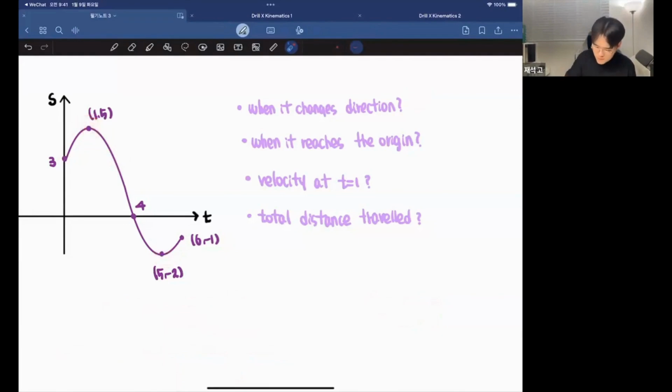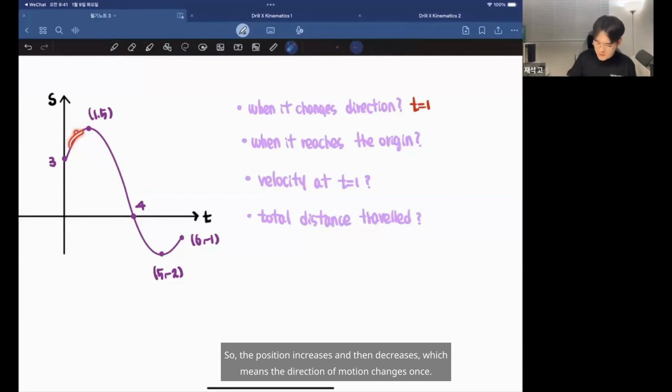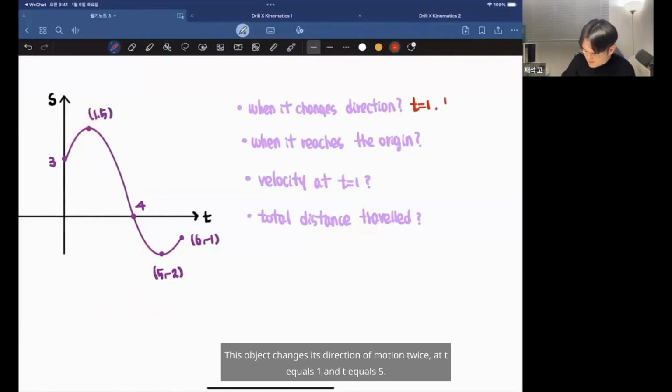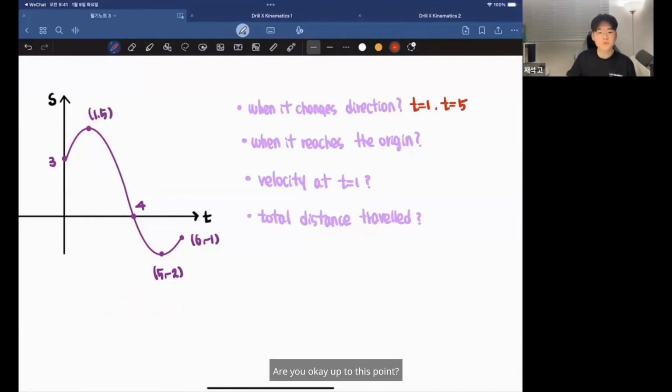When t is 1, the position increases and then decreases, which means the direction of motion changes once. When t is 5, it decreases and then increases, so it turns left and then right. This object changes its direction of motion twice, at t equals 1 and t equals 5. Are you okay up to this point?